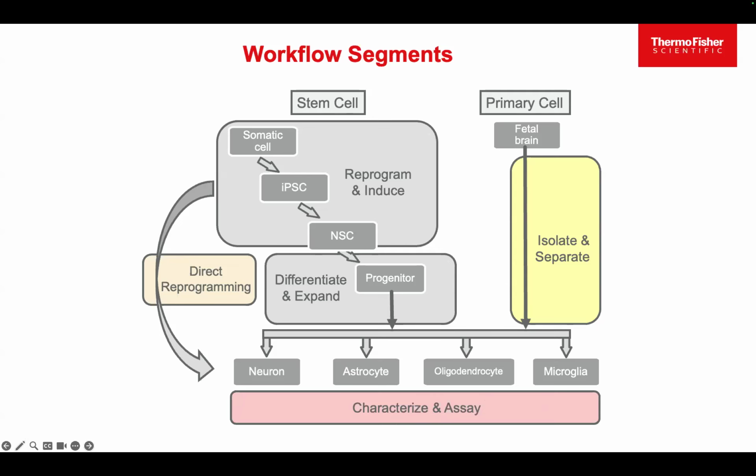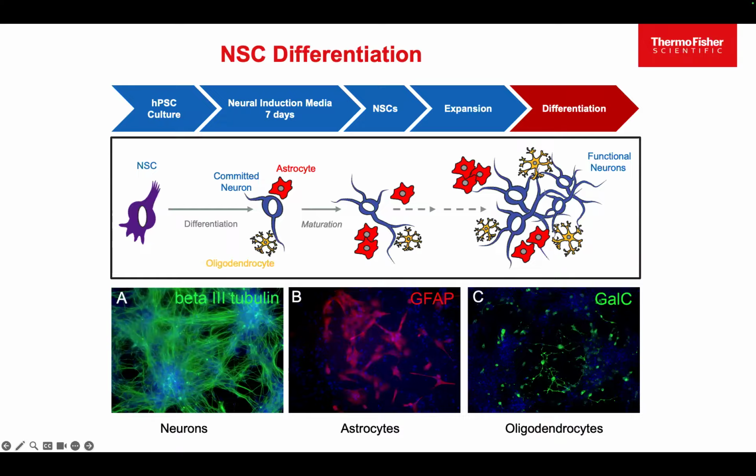I'd say nowadays probably it's about a 50-50 split, maybe a few more folks heading in the direction of the iPSC route, but there's certainly benefits to each system, and both are very functional and useful in the lab for generating good data. Again, in our case at Thermo, we can mimic that differentiation process using neural induction medium.